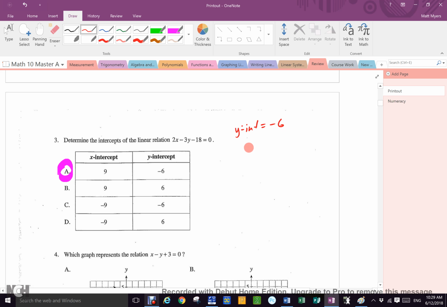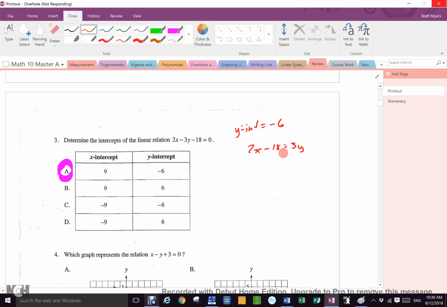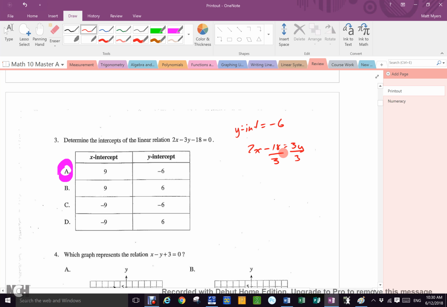So Michael went 2x minus 18 equals 3y. Minus 18 equals 3y. And then he divided by 3. Right? So he knew the y-intercept was negative 6. So it had to be A or C. Right?